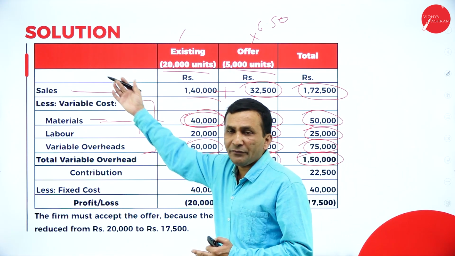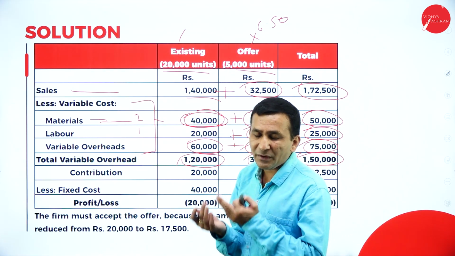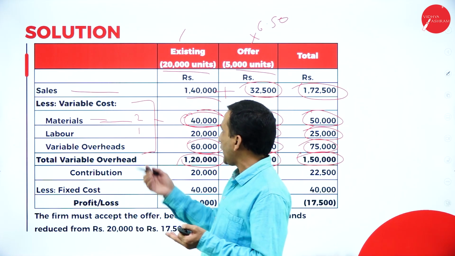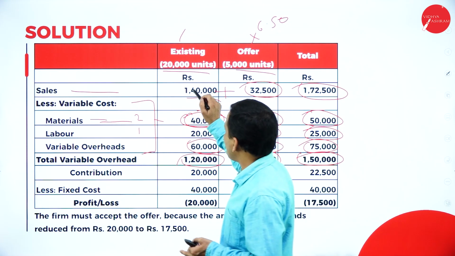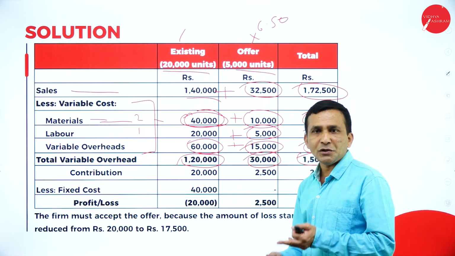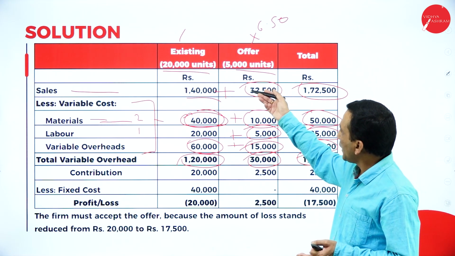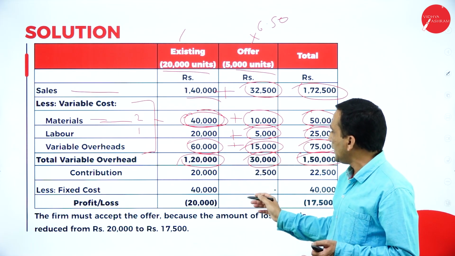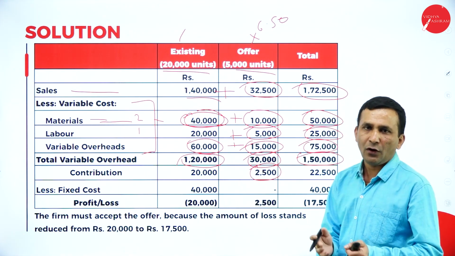From the sales we need to subtract the variable cost, because this is a marginal statement according to the format. So 1,40,000 minus 1,20,000 gives a contribution of 20,000. And 32,500 minus 30,000 gives a contribution of 2,500.